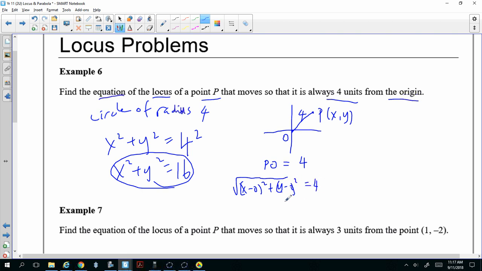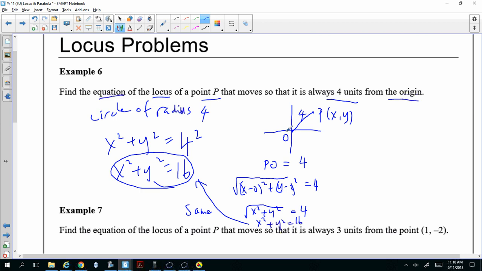If you simplify that, it will be the square root of x squared plus y squared equal to 4. And to get rid of the square root, we square both sides. So you can do it this way as well. That's how locus works.